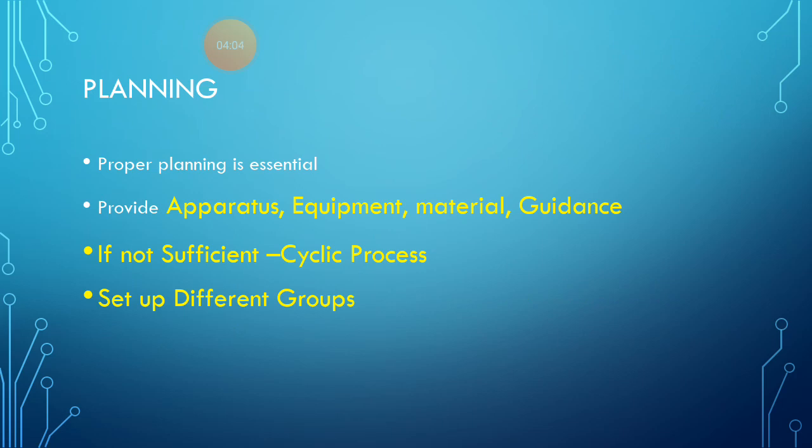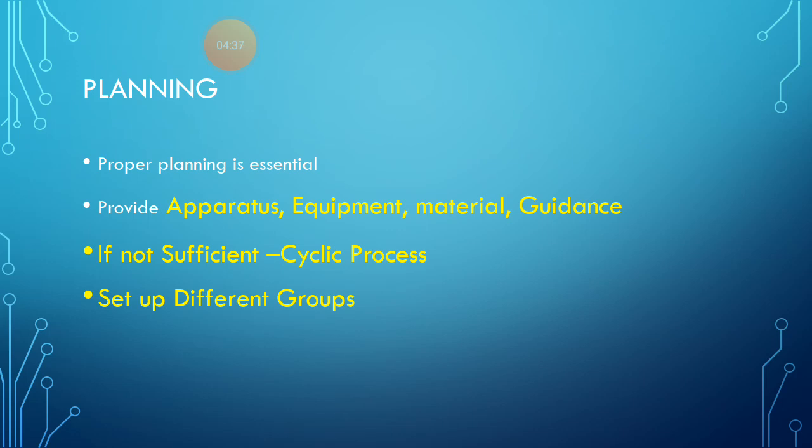First we should check whether all the apparatus, equipment and material are available for all the students of the class. If the apparatus is not sufficient or not proper, then we have to divide the students into some groups, and repeat the experiment, demonstration or activity in a cyclic process.